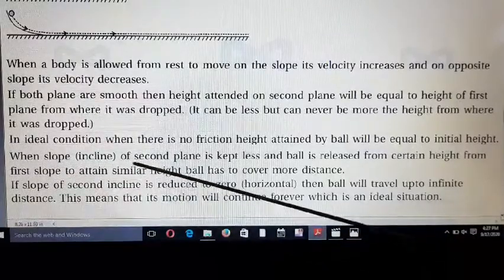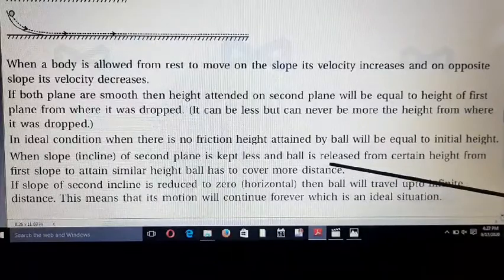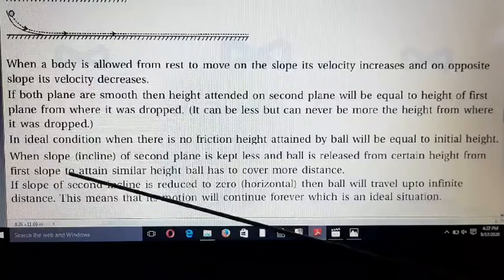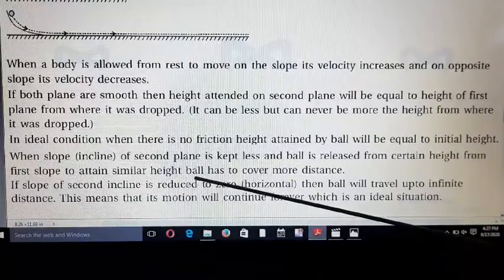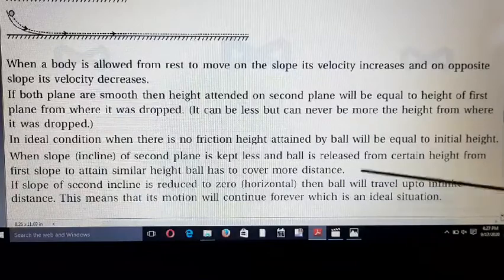When the slope of the second plane is kept less and the ball is released from a certain height on the first slope, to attain a similar height the ball has to cover more distance.